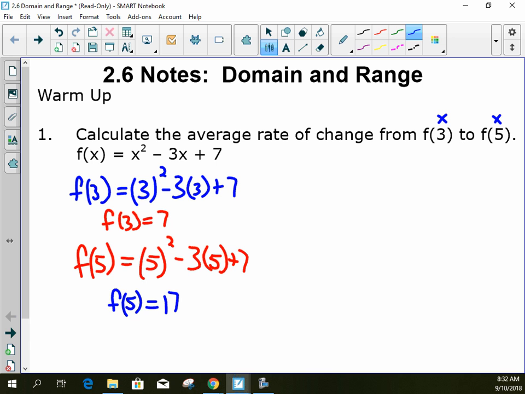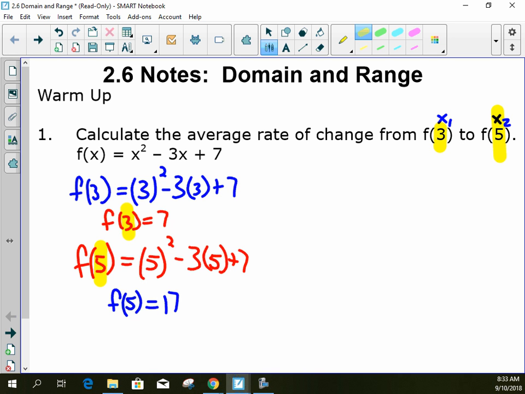So please, please, please, you have to see this. This is your x1. This becomes your x1. This becomes your x2.